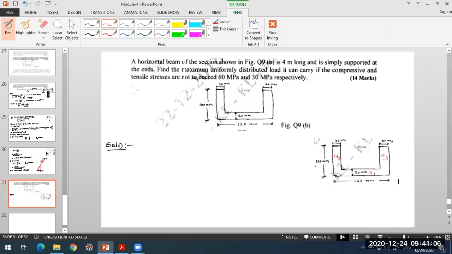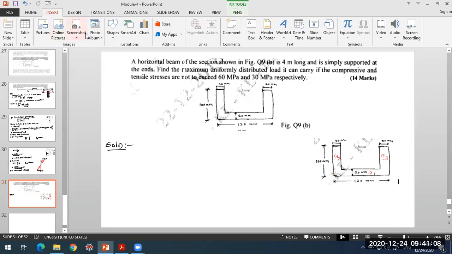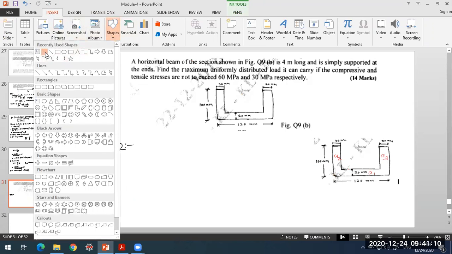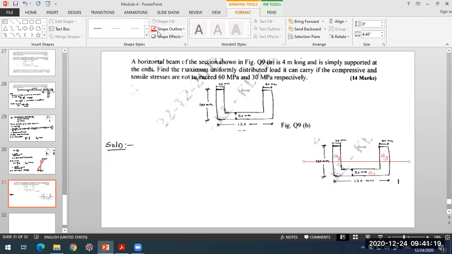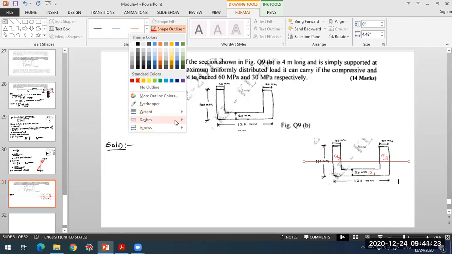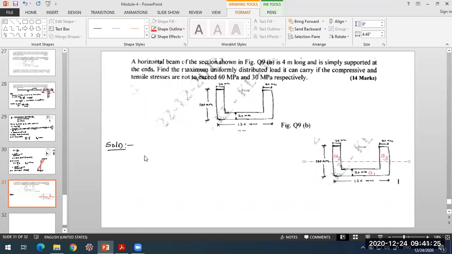These are three areas, and we'll take our neutral axis to be somewhere at this position. Let us assume that the neutral axis is at this position, what is shown here. So that is the position of my neutral axis, what I have assumed.